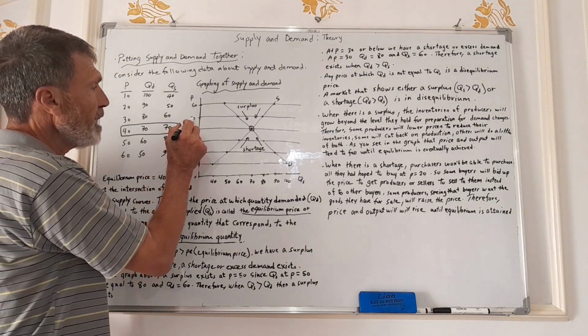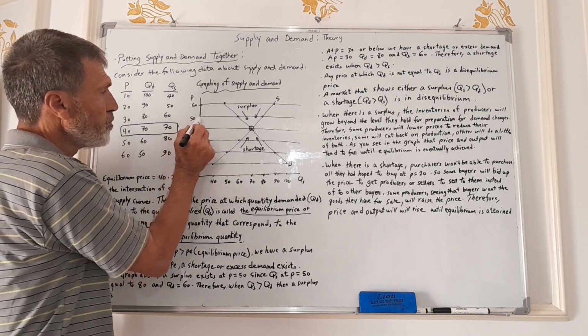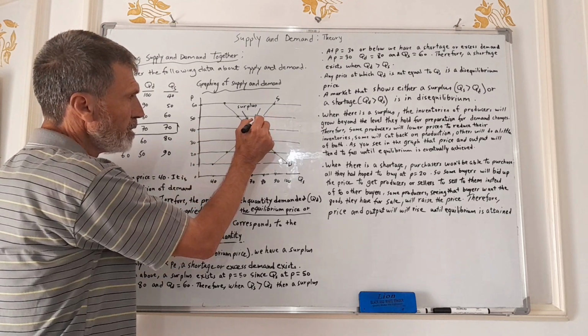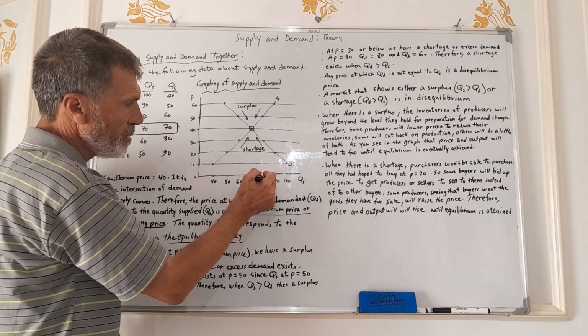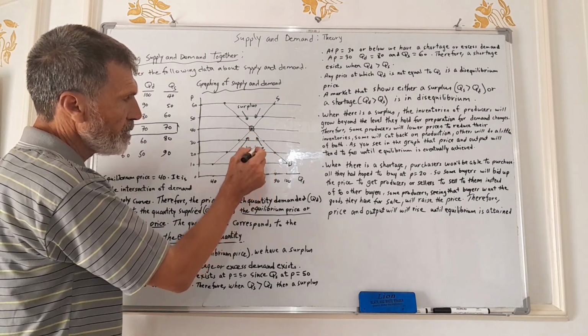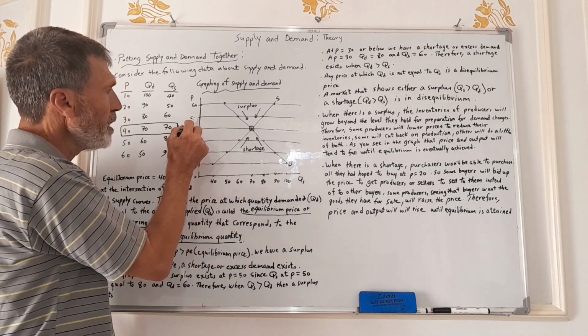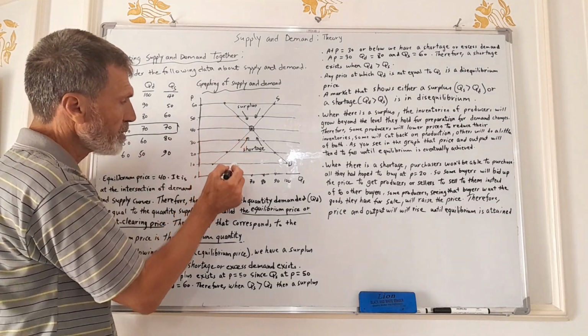At any of these prices, 50 or 60, you will notice that quantity supplied is greater than quantity demanded. So at price 50, which is greater than 40, the equilibrium price, if you draw a horizontal line, it will cut the supply here, and then you draw a vertical line, you're going to come up with 80. And to find the quantity demanded at P equal 50, we come up with 60.